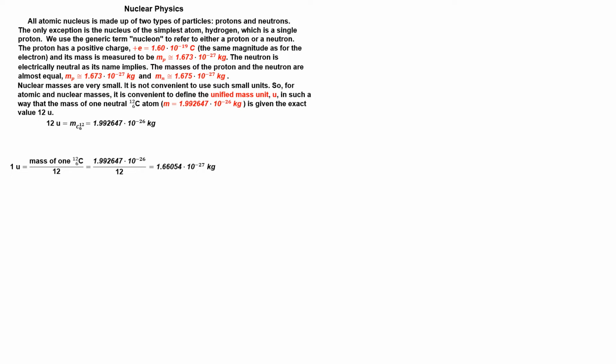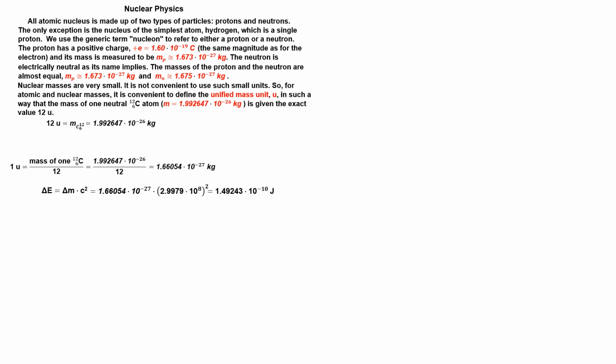It is often convenient to express a particle's mass in terms of its energy equivalent. This can be done because mass and energy are related by Einstein's equation. Then, the energy equivalent to one atomic mass unit is given as follows.